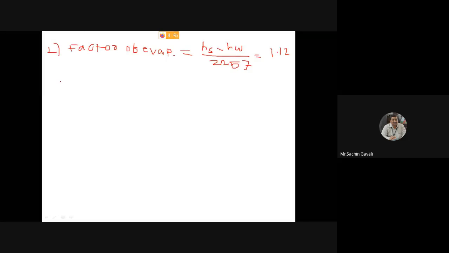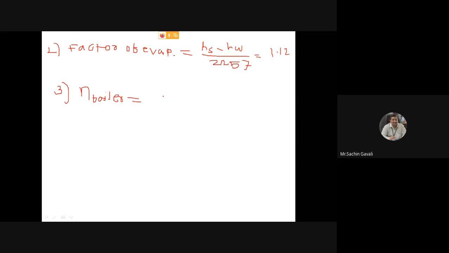And the next answer they asked is what? Anybody? Eta boiler is equal to, we'll tell the formula. Will someone help me to write the formula? Okay, Nikita Babar, are you in the lecture?